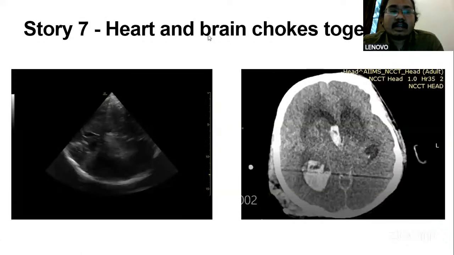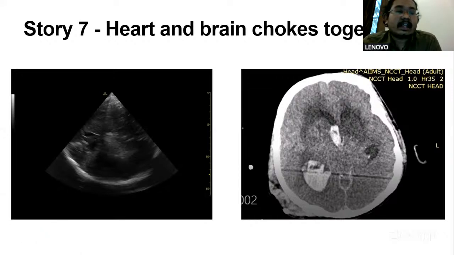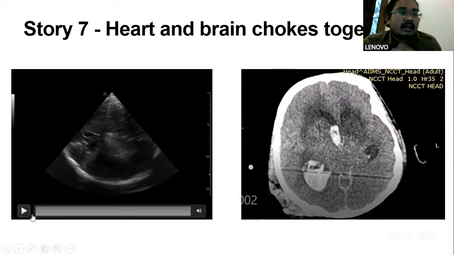Here we had one case where the patient had TB meningitis. After that, EVD was inserted, and the patient was stable, but then had a sudden cardiac arrest. We did CPR through the ACLS protocol. We achieved ROSC, and as a part of routine surveillance, we did transcranial Doppler.